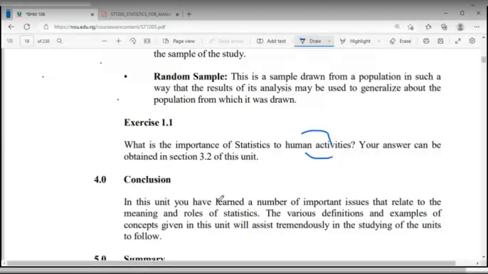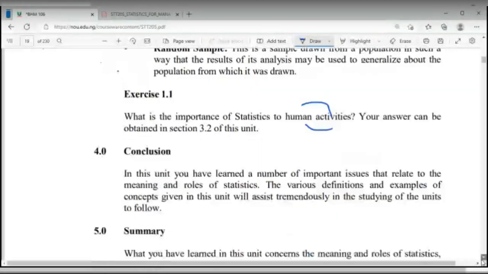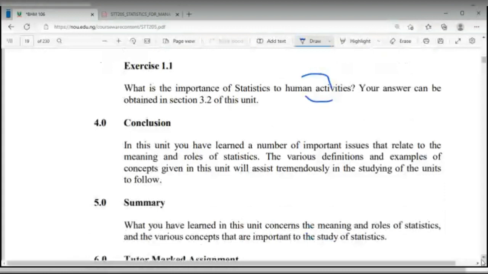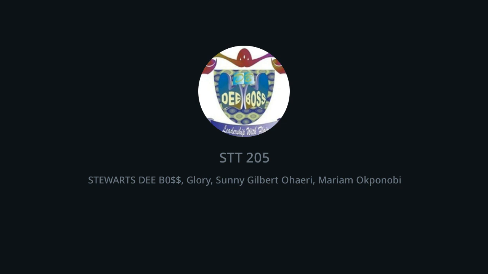Now, in this unit, you have learned a number of important issues that relate to the meaning and roles of statistics. The various definitions and examples of concepts given in this unit will assist tremendously in studying the units that follow. This summary of what you have studied here will help you understand things that are going to come behind.